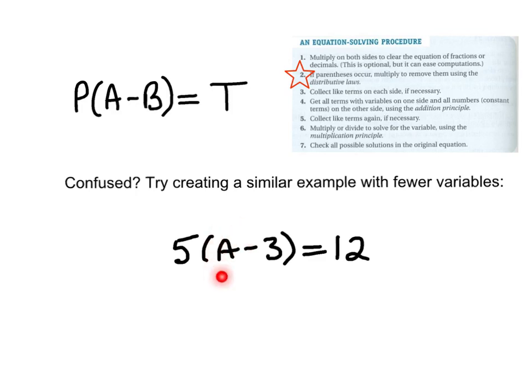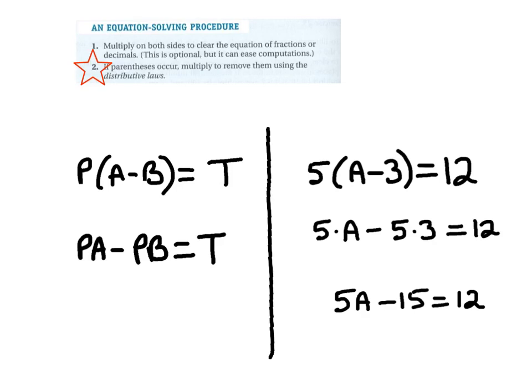So if we leave a in the expression, but replace the other 3 variables with random numbers, what would happen in this situation is we would use the distributive law and multiply 5 through the bracket, which would leave us with 5 times a, and 5 times 3.